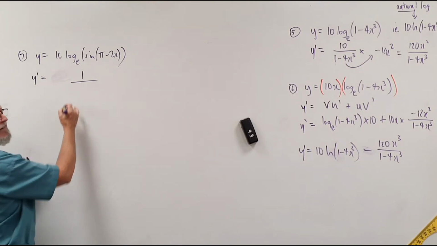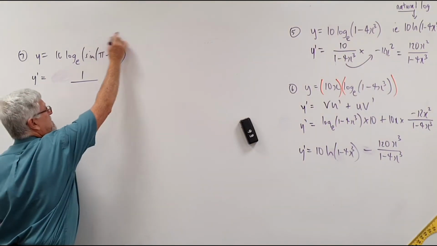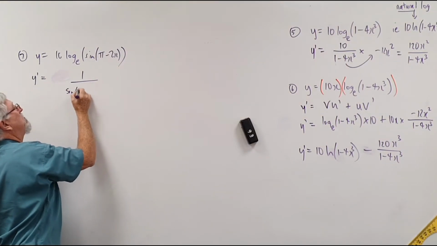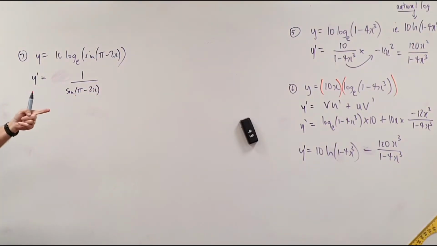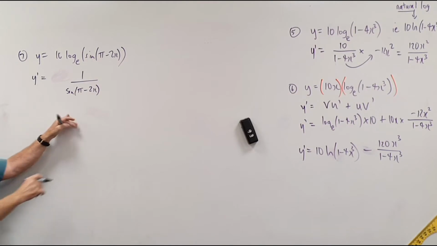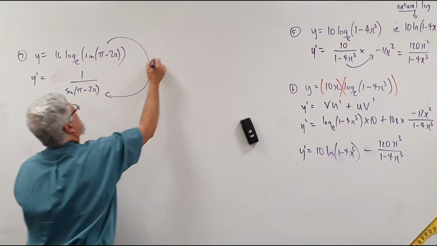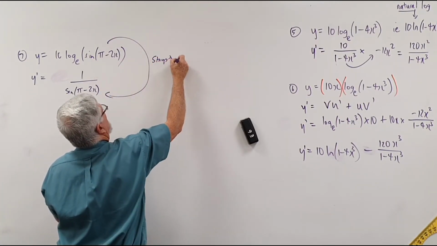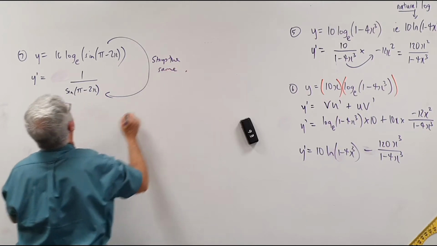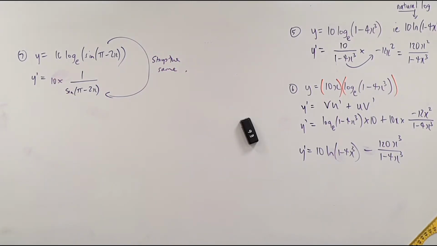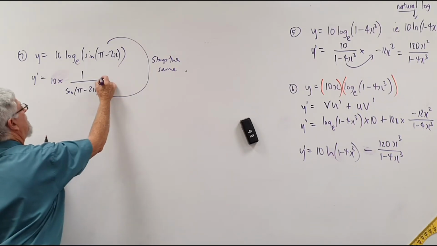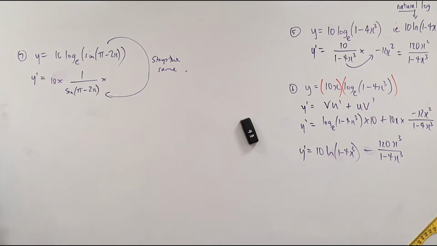No. What happens to a log? The inside stays the same and goes to the bottom. So you were comfortable with that before, but then suddenly, what is the sign? I could do that. Stays the same. Yep. Over 10. What have I got to remember to multiply by? Minus 2.